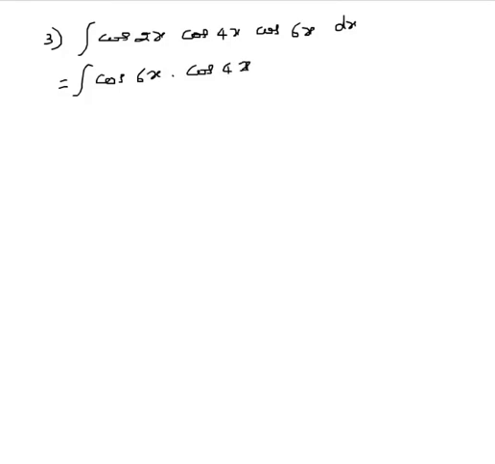Question number 3. We will be using the same method twice because we have a product of 3 terms here. Integral cos 2x into cos 4x into cos 6x dx. I will write the bigger angle first just to avoid the negative sign in the formula. Without writing it in this form also you can do.